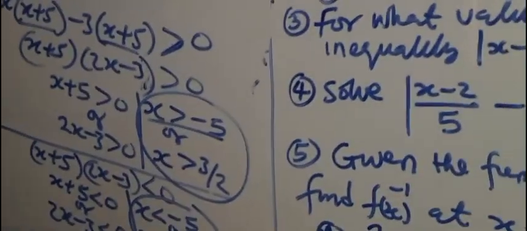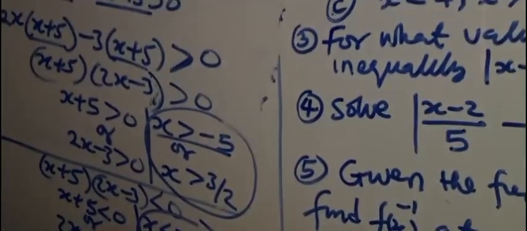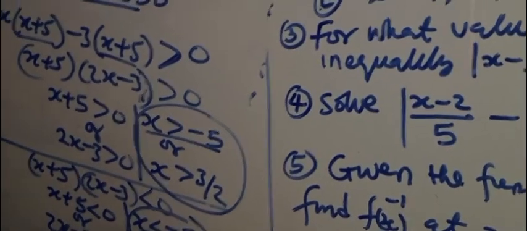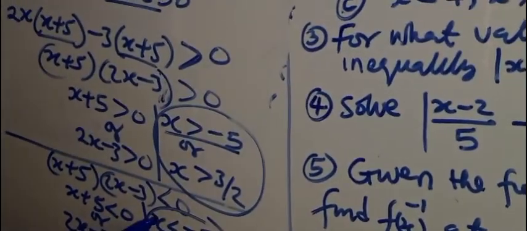Now, from this also, you pick one. x is less than -5. And x is less than 3/2. Now, if you pick x less than -5, it keeps on going in a different direction: -6, -7, -8, -9. You will never reach this.